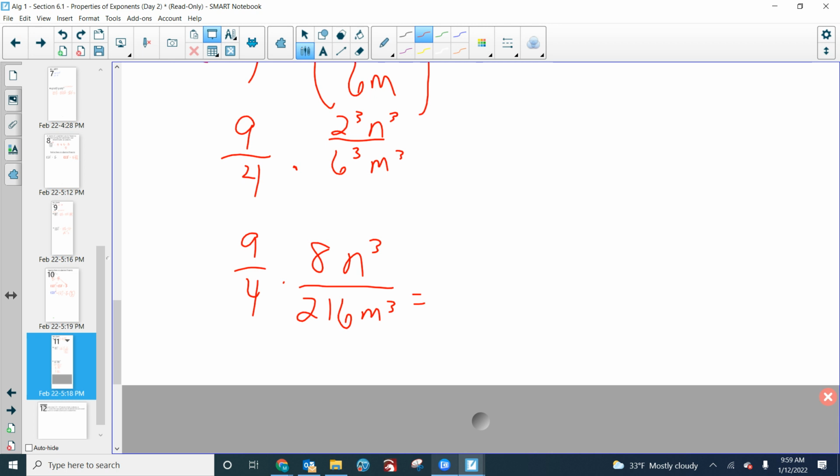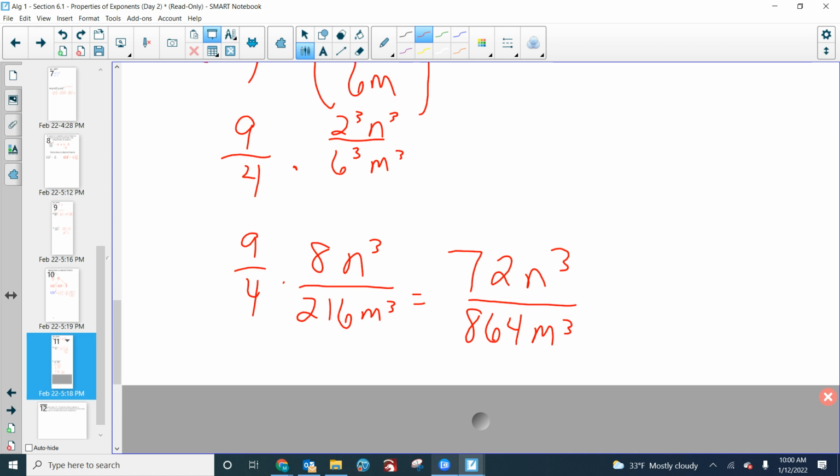Okay, what do I do here to simplify? Multiply the numbers across, numerator by numerator. What's 9 times 8, guys? 4 times 216. Now, you guys should be able to use the ABC button.